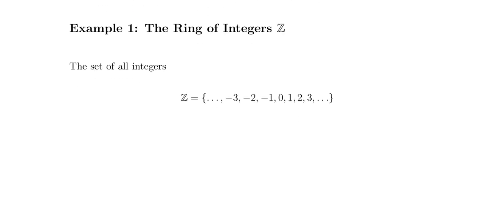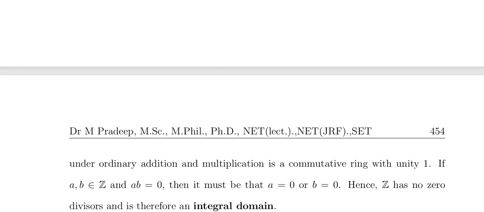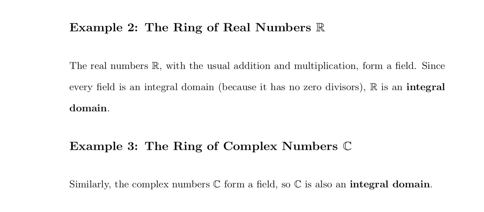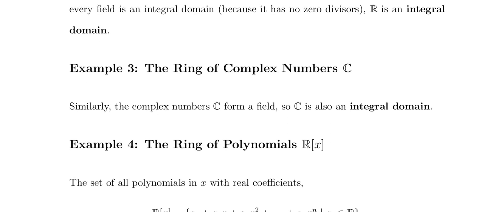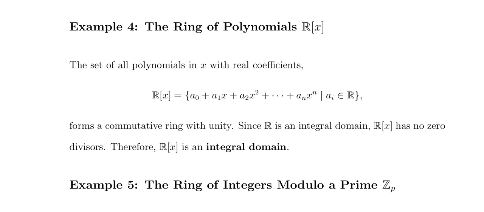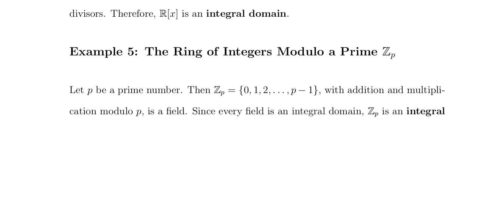Once again, the ring of integers is an integral domain. Real numbers are an integral domain because they have no zero divisor. The ring of complex numbers is an integral domain, with no zero divisor. The ring of polynomials R of x is an example of an integral domain.